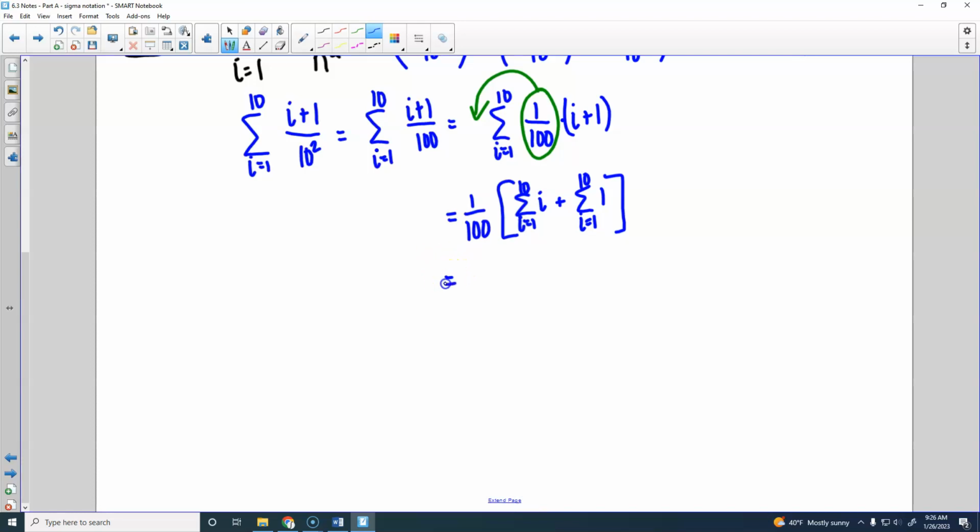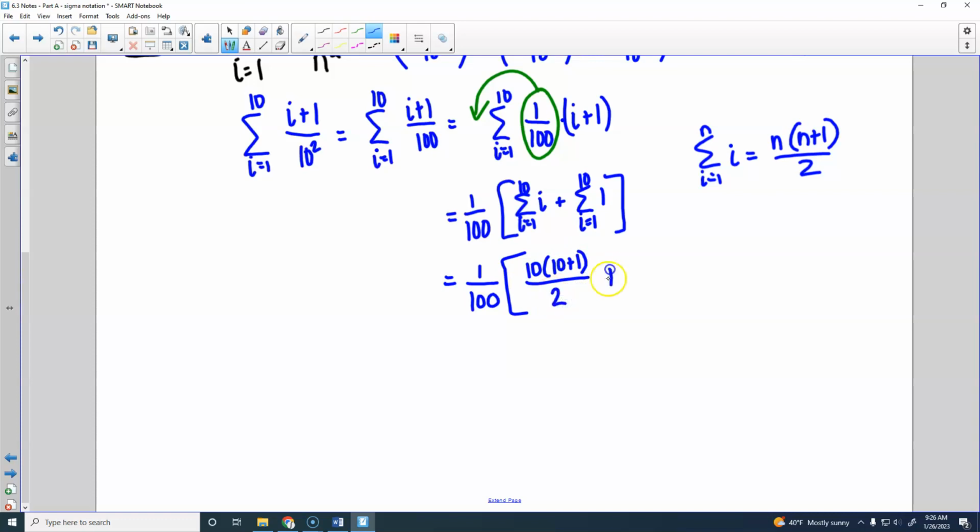Okay, so here's where my shortcut rules can come in. The shortcut rule for just the i, the sum from 1 to n of i, is n times n plus 1 divided by 2. So for this one, n is 10, so it would be 10 times 10 plus 1 divided by 2.